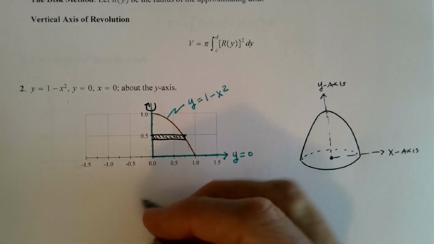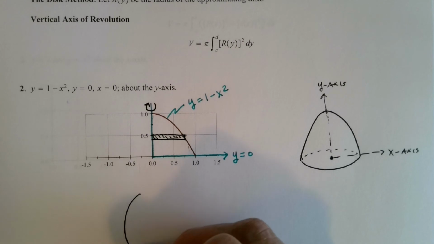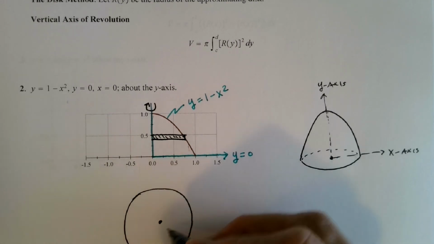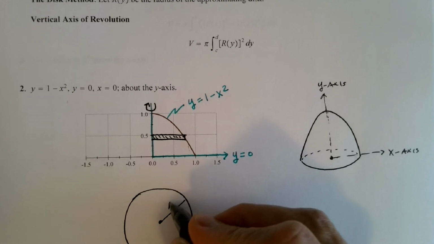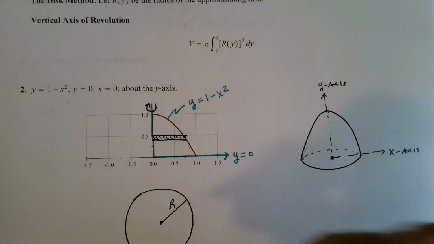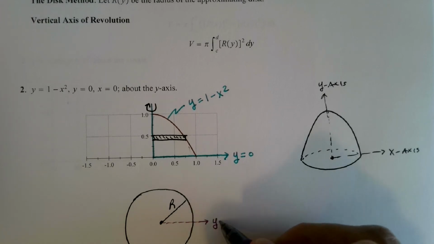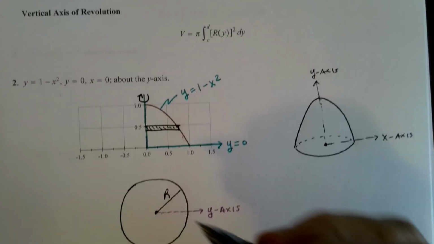Same thing, we get that thin circular disc, and its radius we've called capital R, and the center of this is, again, this time the y-axis. x equals 0, that's the y-axis.